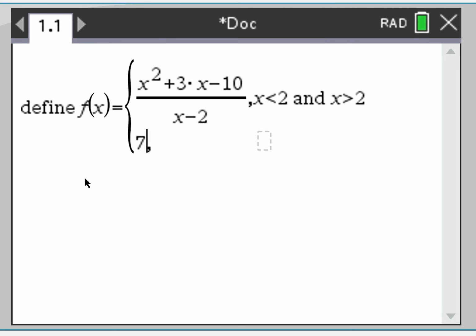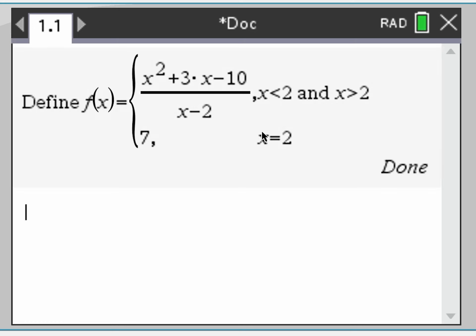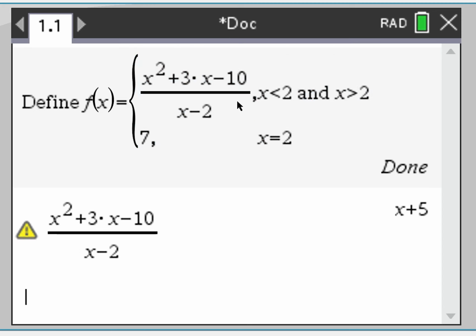And then the other one is just 7 at x equals 2. The other thing I noticed as I defined this is that this is a quadratic and this is a linear, so we should be able to successfully divide this function. So okay, that's just a straight line, x plus 5.